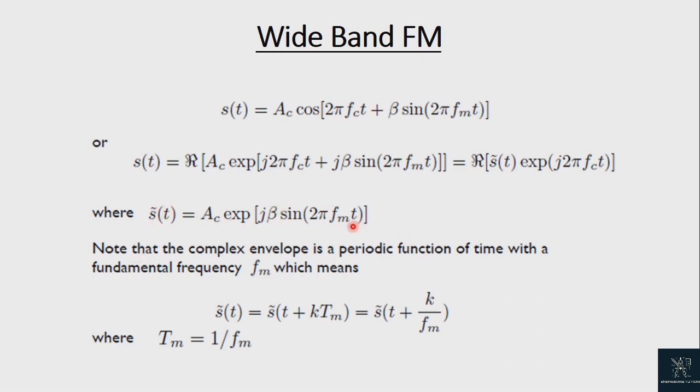Note that the complex envelope is a periodic function of time with a fundamental frequency fm, which means s-cap(t) is equal to s-cap(t plus k Tm), which is the relation to determine the periodicity of a signal, and can also be written as s-cap(t plus k/fm), where 1/fm is equal to the time period Tm.